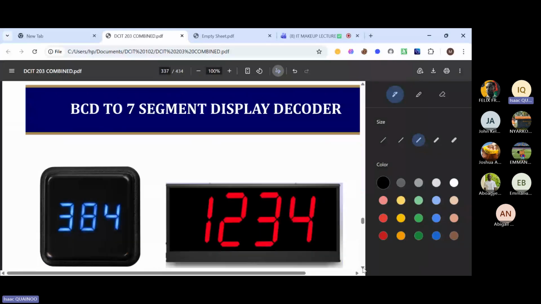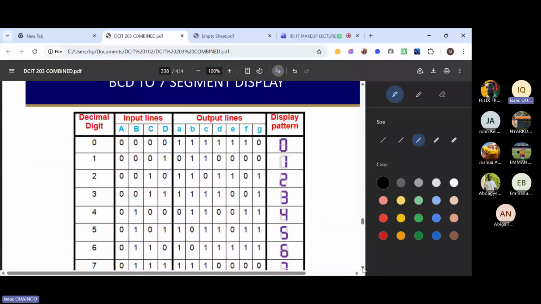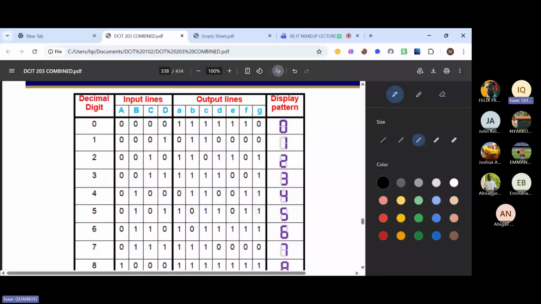Okay, so let's look at the truth table right here, and let's study the behavior. Okay, so you have the decimal digits. You have the input lines, which is A, B, C, D. Okay, and then you have the output lines, which are up to 7.